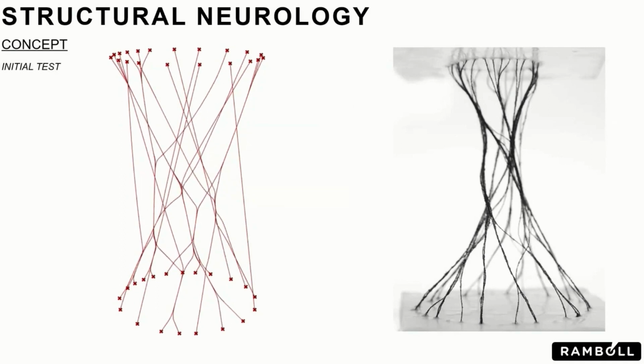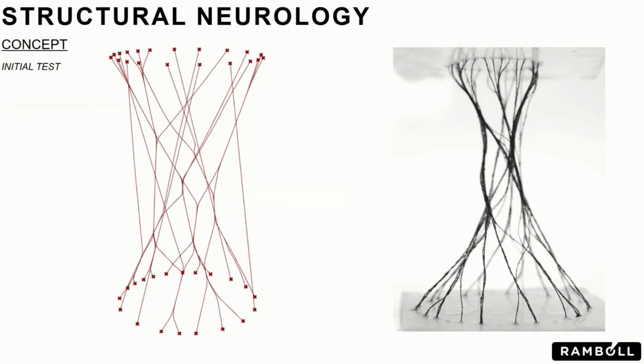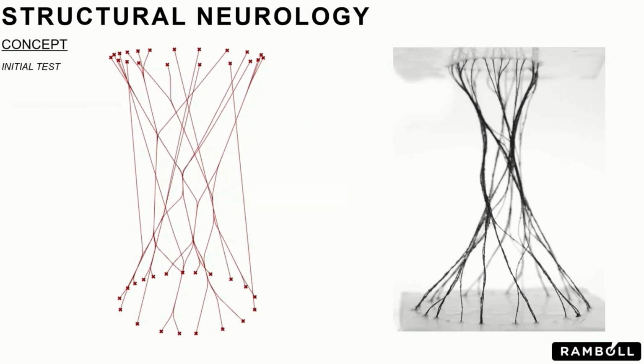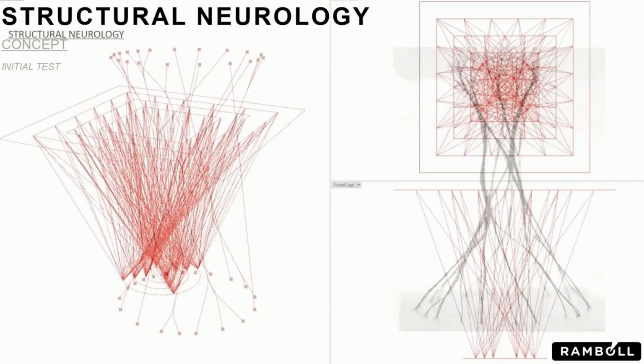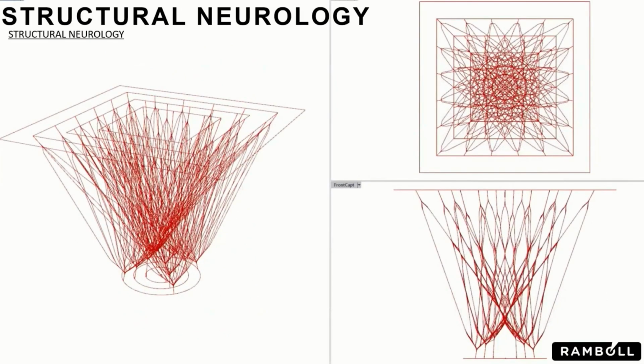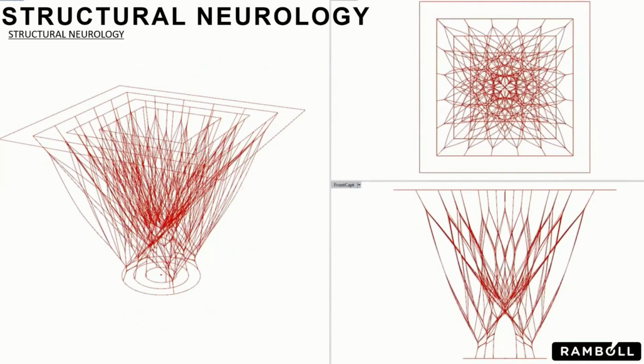It's a very long form-found nonlinear process, which uses magnetic attraction in the same way as the original experiments would. We're able to recreate this process, which we could then apply, obviously, to far more complex boundary conditions.